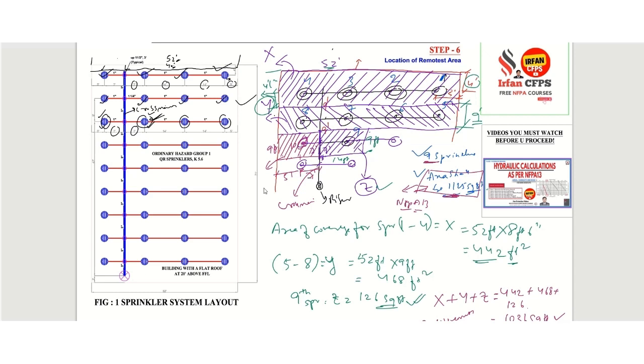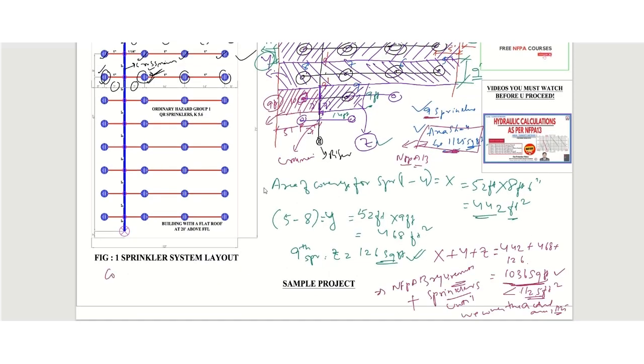See, this will be 9 feet, and this will be 5 feet plus 7 feet, which is 12 feet. So the coverage area of the 10th sprinkler is 9 feet multiplied by 12 feet, which is 108 square feet.